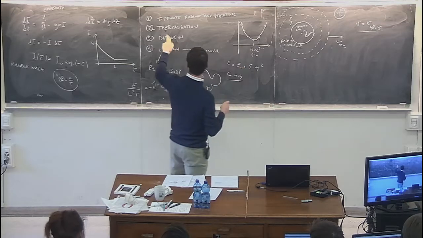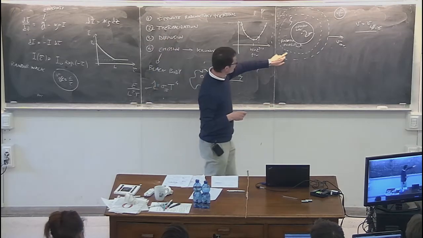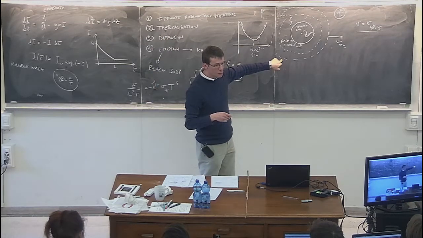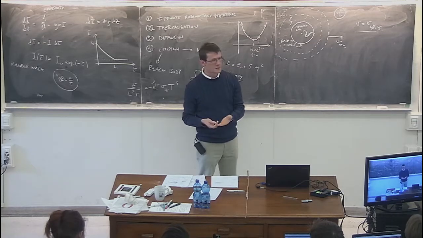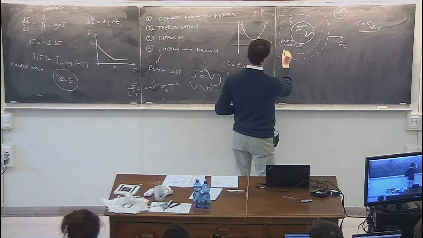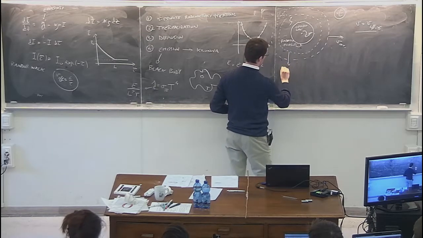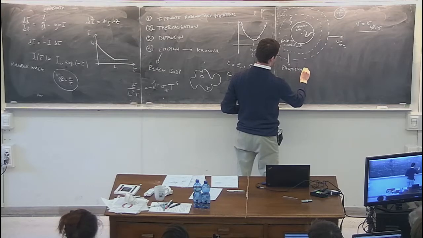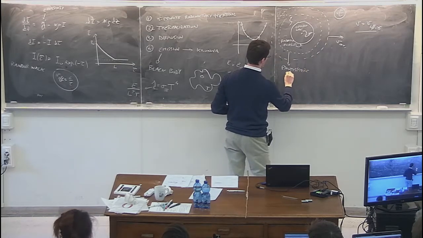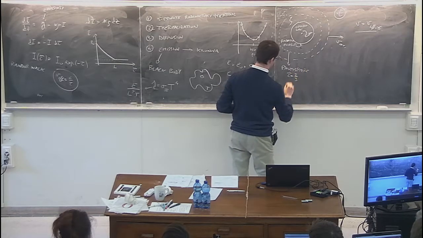We thought that thermalization is important, so if you go too far away, there will be a point where the optical depth becomes less than 1, and then you cannot thermalize. Then here there is a region. This is what is called the photosphere. The photosphere is defined as the point where the optical depth becomes 2/3.